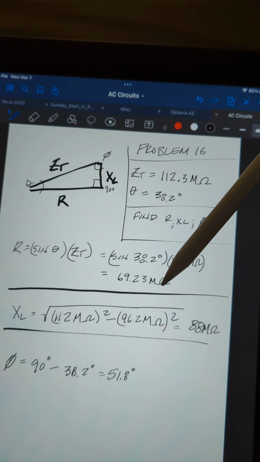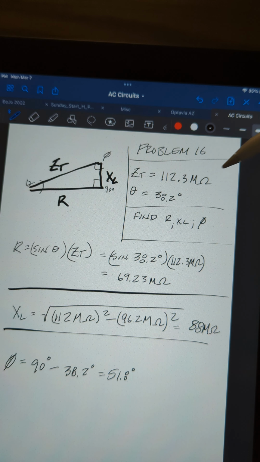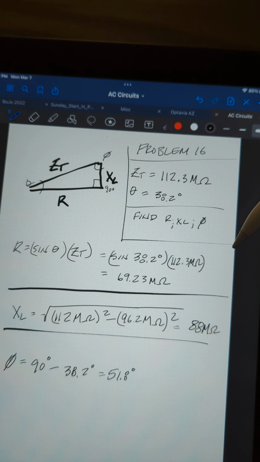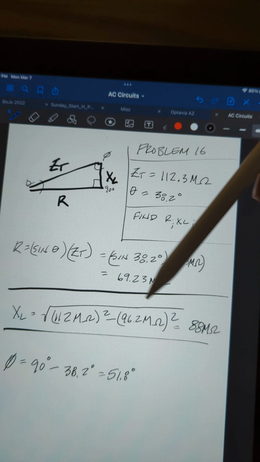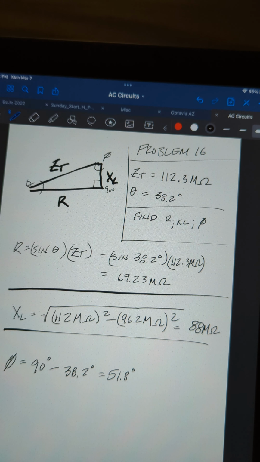69.23 megohms. I want to solve for X of L, so I take the ZT, which was 112.3 megohms. I square that, subtract the square of the resistance, and that value comes out to be 88 megohms.